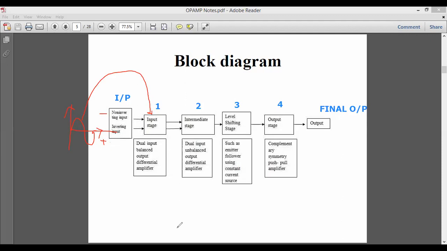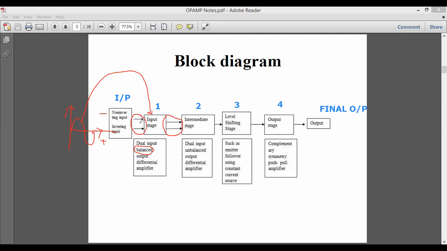What does the input stage consist of? It consists of an amplifier which is a balanced one, or you can simply say a dual input balanced output differential amplifier. What do you mean by the term balanced? When we call it balanced, it means that if there are two inputs at the input terminal stage, then it should also have two output pins.